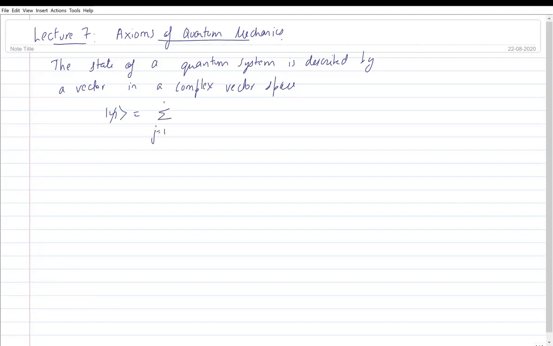You just picked some bases, and essentially a complex inner product vector space is called a Hilbert space.